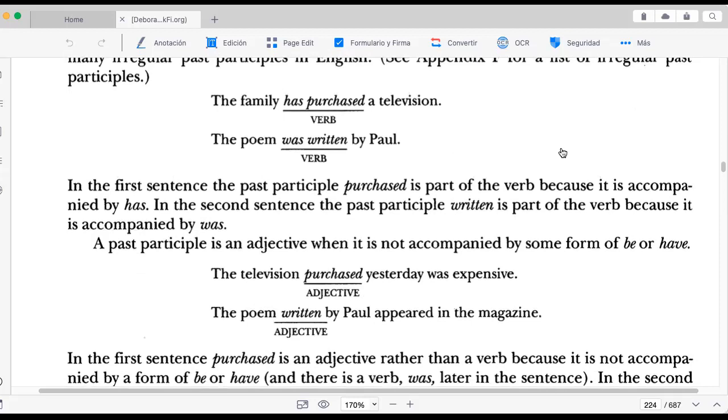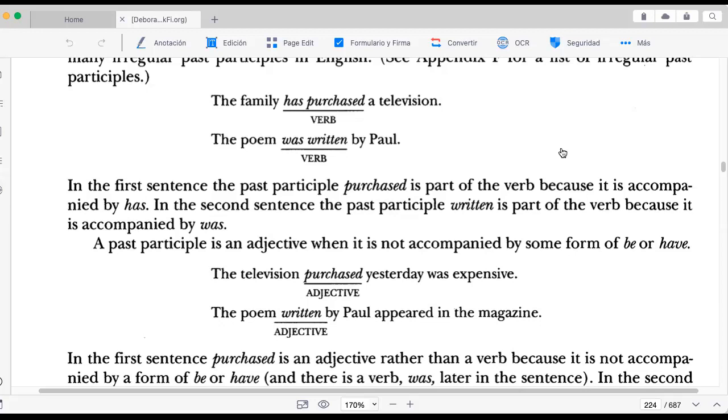In the second sentence, the past participle written is part of the verb because it is accompanied by was. A past participle is an adjective when it is not accompanied by some form of be or have. Example: the television purchased yesterday was expensive. The poem written by Paul appeared in the magazine.